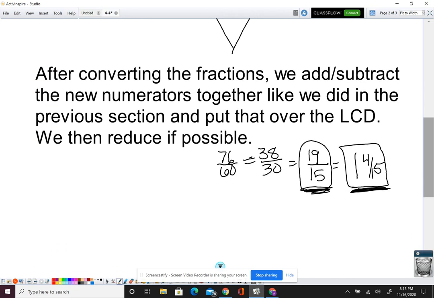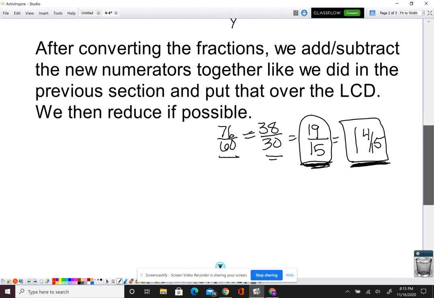So even though your calculator can do the work, you need to know the process behind it, and how we go from a least common denominator of 60, reduce down to 15 over 30, and then reduce down to 15. Those are all things that you should know how to do.